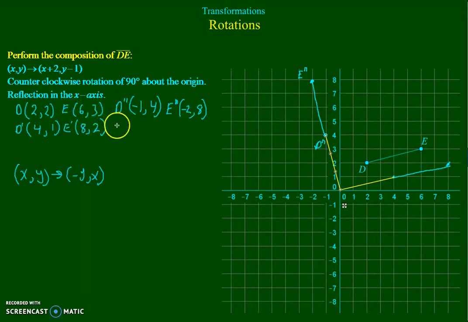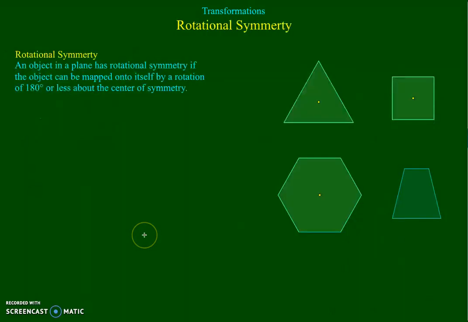Now that we've looked at rotations, we're going to go back to the concept of symmetry and look at rotational symmetry. The idea of rotational symmetry is just as it sounds. An object has rotational symmetry if it can be mapped onto itself by a rotation of 180 degrees or less about a central point that is called the center of symmetry.